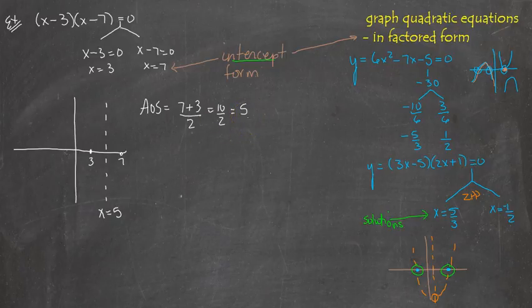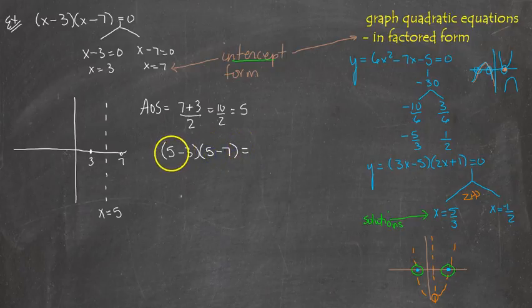So now I need the vertex. To find the vertex, I'm going to use the axis of symmetry just like I did in standard form, and I'm going to plug it back into my equation. This time I have factored form, no big deal. I'm going to say x minus 3, x being 5, so 5 minus 3 times 5 minus 7.